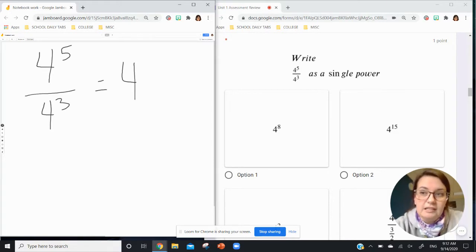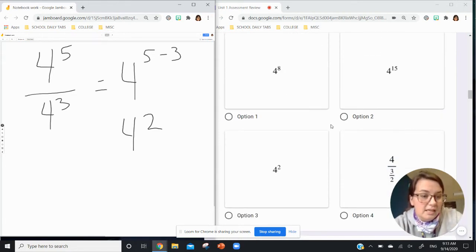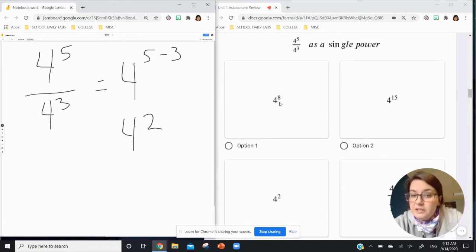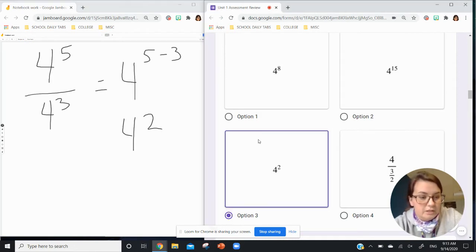This is really like 5 minus 3, and that should give me 4 squared. Is that an option? Yeah. And see, it tries to trick you because we just did adding, and that's an 8. And there's multiplying, so just be real careful. We have to subtract here. Should be option 3.